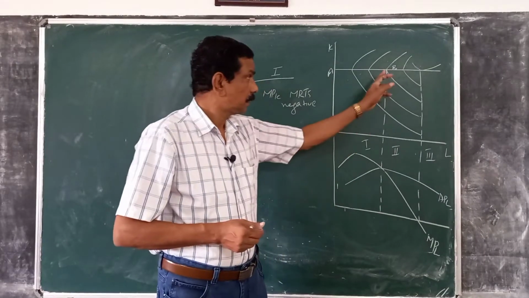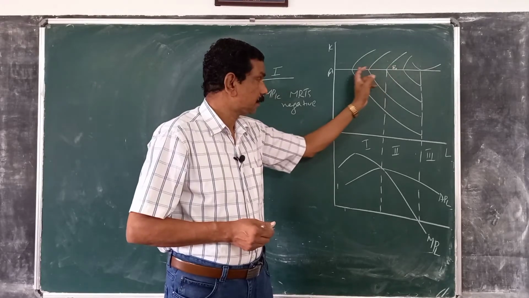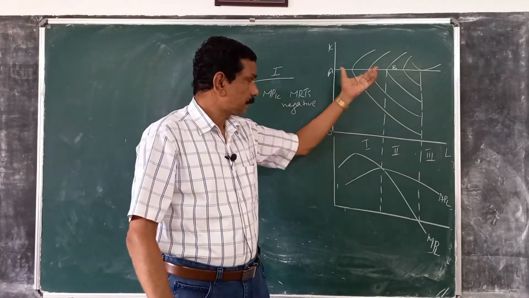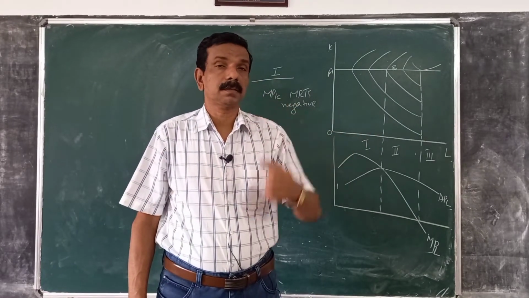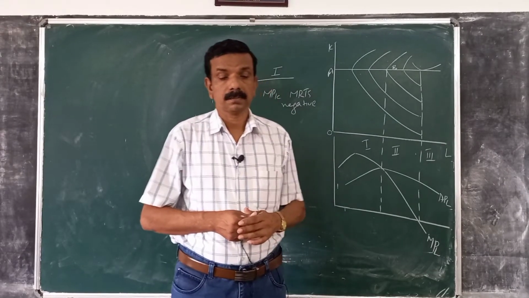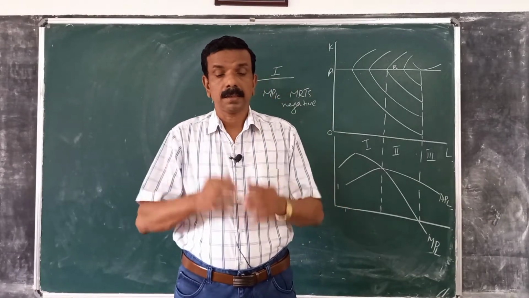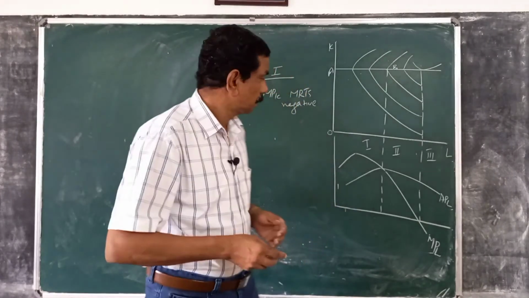Up to point B, isoquants are positively sloped. Here, labor is very small, so marginal product of capital is negative. MRTS is negative. Isoquants are positively sloped.